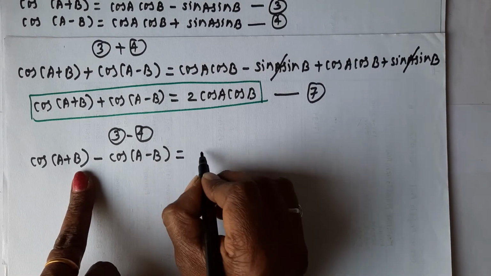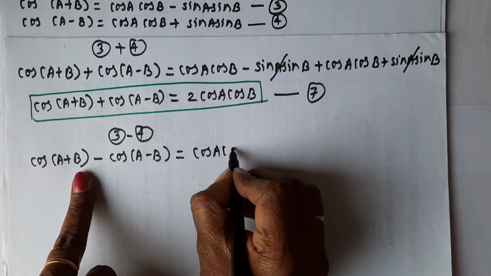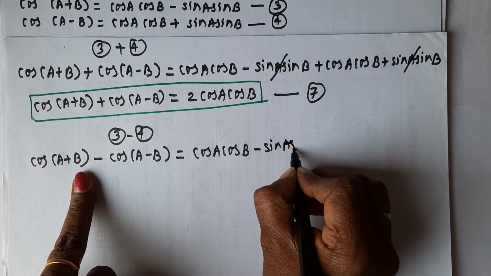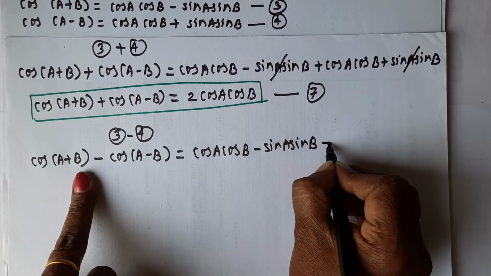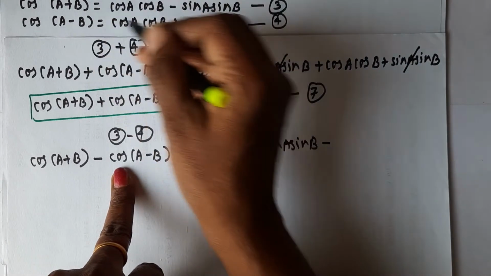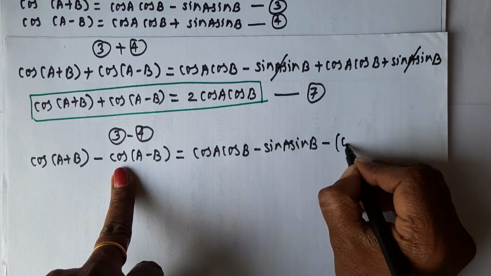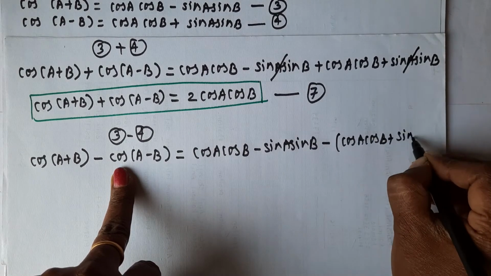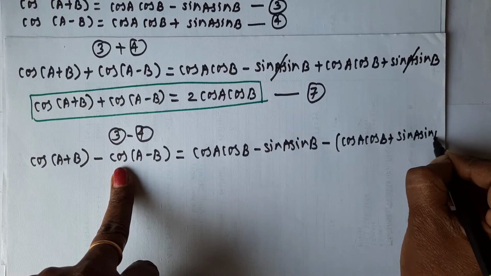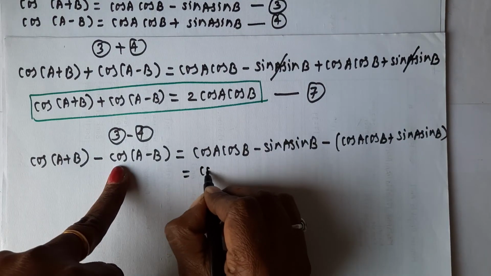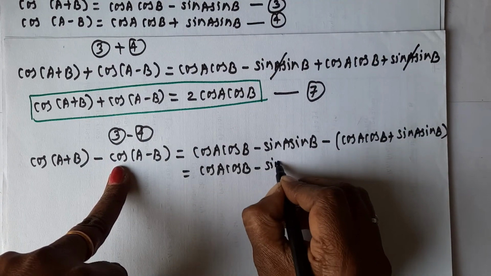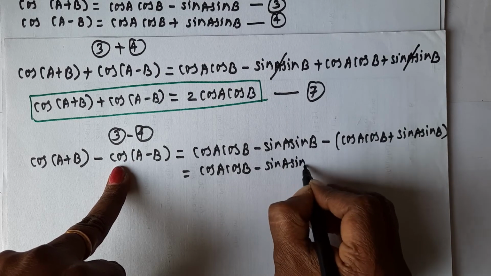Keep the value of cos(A+B), that is cos A cos B minus sin A sin B, and minus the value of cos(A-B), take a bracket here, cos A cos B plus sin A sin B. Now write down this cos A cos B minus sin A sin B as it is.